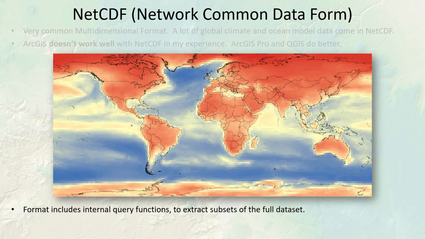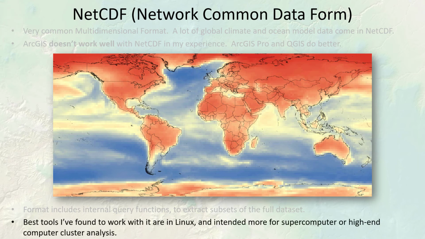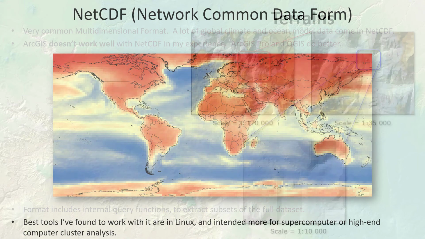So if you had time or any other dimension, you could specify a range of values that you wanted to extract. Now, like I said, I hate using this in ArcMap. It's just a pain. Some of the best tools I found to work with NetCDF data are actually in Linux, and people who love this data set are often Linux fans as well. So learn Linux if you want to go further in this.